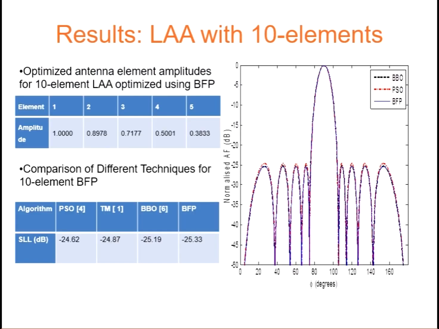Now the next section is the results. We can see that the main lobe of the BFP algorithm is overlapping with that of BBO and PSO.